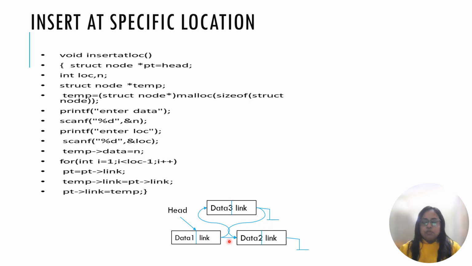This kind of connection you have to create, so automatically the older connection will be lost when you connect these two links to that particular new node. So your new node will be inserted between these two nodes.